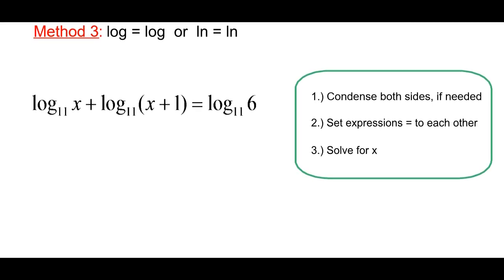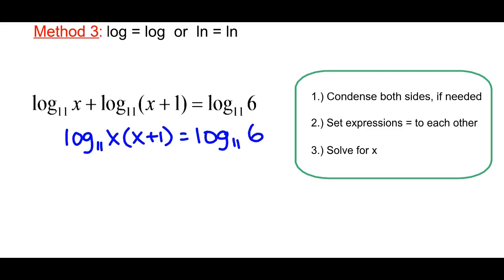Log base 11 of x plus log base 11 of x plus 1 equals log base 11 of 6. Condense the left by multiplying. Okay, so I have a single logarithm on the left, a single logarithm on the right. I can set those expressions equal to each other.